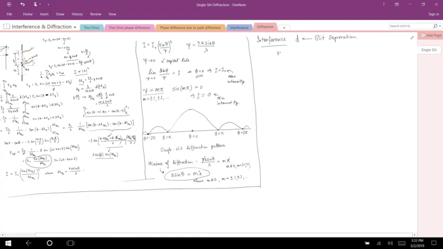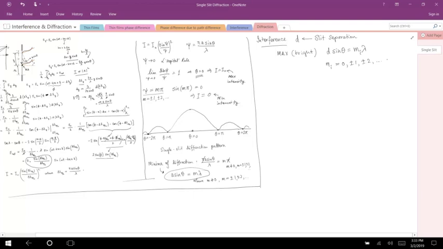The conditions would be: maxes, or brights, happen when d sine theta is equal to some integer multiple of lambda, and let's call this mI. Here the I represents interference, so mI will be 0, plus or minus 1, plus or minus 2, etc., any integer.